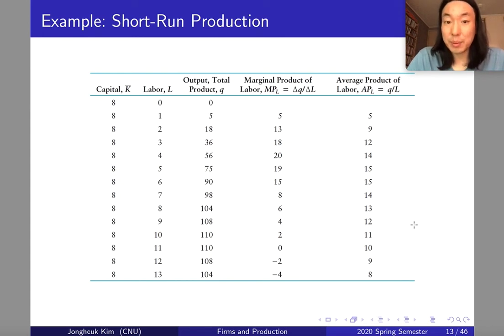So the marginal product of labor: labor increasing by 1 unit, but the output increasing by 13 units. So 13 over 1 is 13. So the marginal product of labor is 13 at the second stage. Okay, so you can calculate over and over by yourself. So if you go over until the last row, you can see some interesting result.